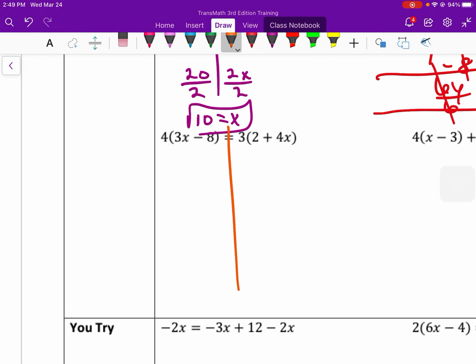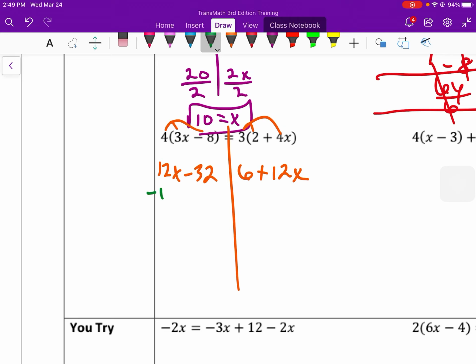It looks like on this next problem we have to distribute on the left and the right, so I'm going to distribute the left first. So it's 4 times 3x, which is 12x, minus 4 times 8, which is 32, equals 3 times 2, which is 6, plus 3 times 4x, which is 12x. I want my variables on one side because we're isolating and solving for my variables.